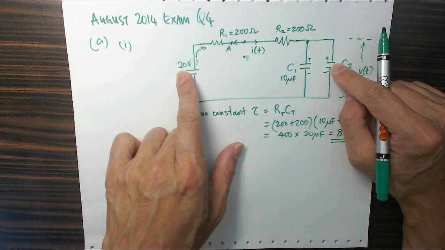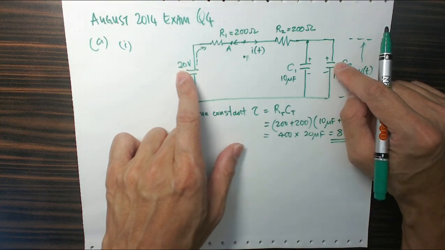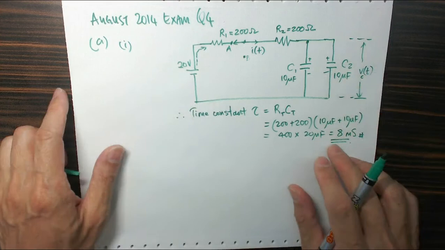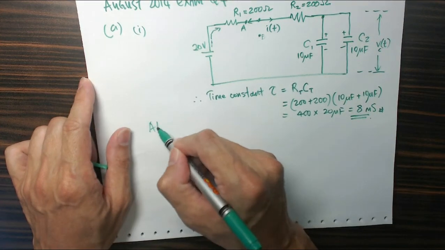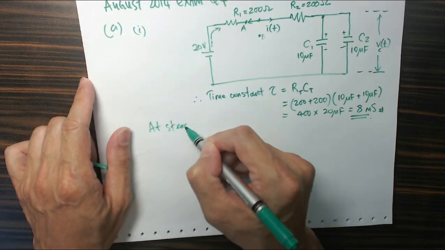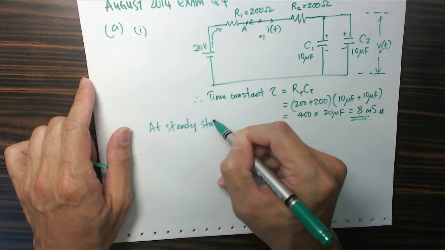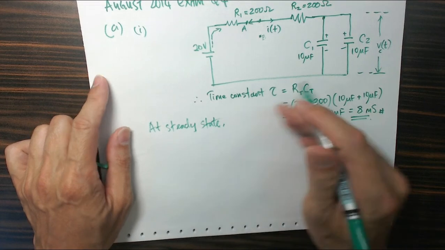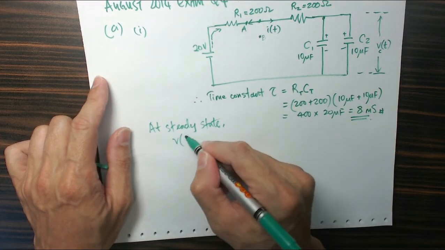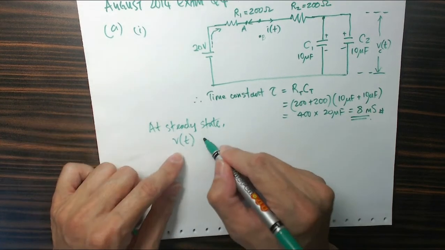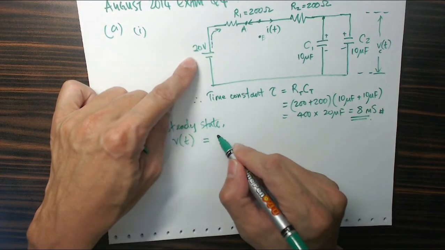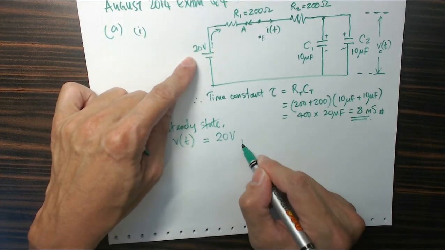Usually that happens after more than 3 tau; after 2 tau, 3 tau, it will already be there. So after steady state, the voltage Vc will be the same as the voltage of the battery, so it's 20 volts.